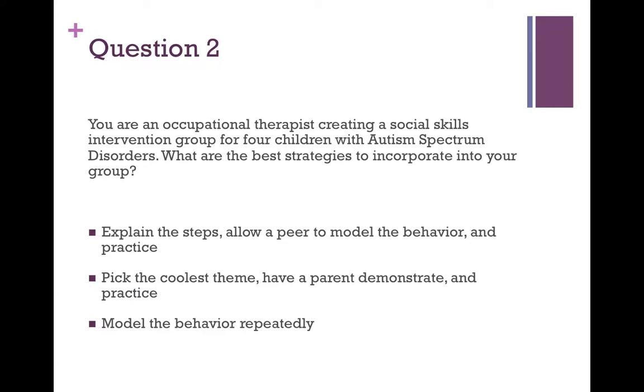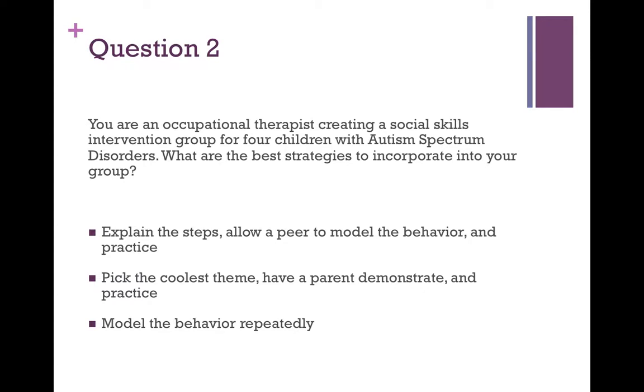The second question, you are an occupational therapist creating a social skills intervention group for 4 children with autism spectrum disorders. What are the best strategies to incorporate into your group? So we talked about a lot of different strategies, and modeling the behavior repeatedly can be useful, but you really want to make sure that you're explaining the steps, you have someone modeling, and then you implement that practice.